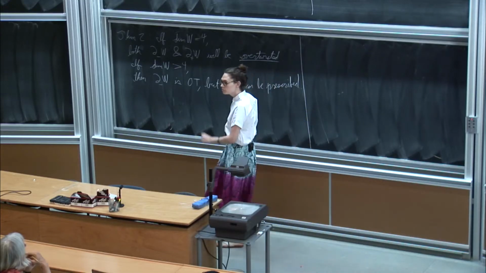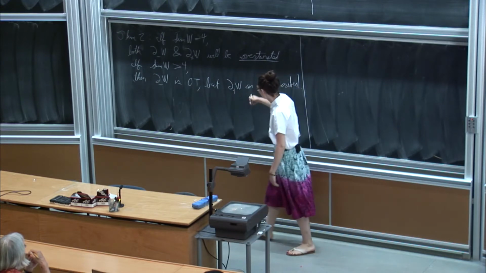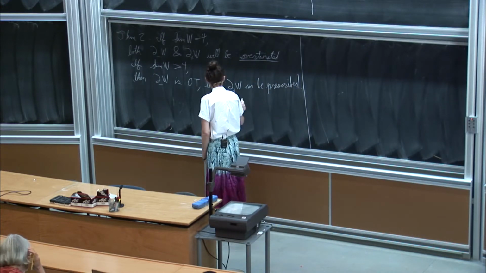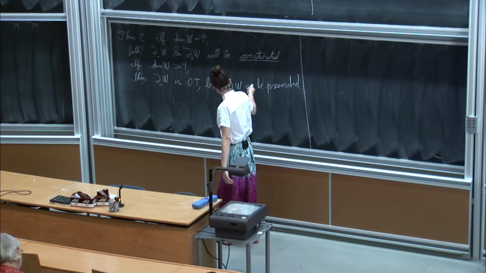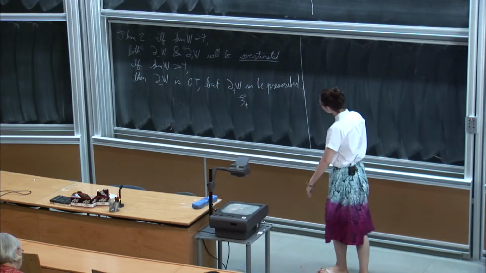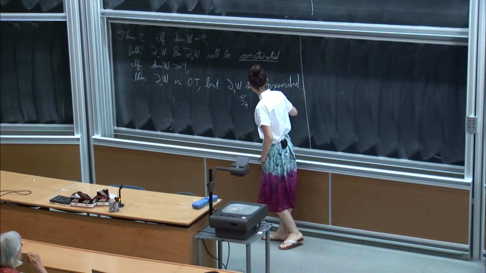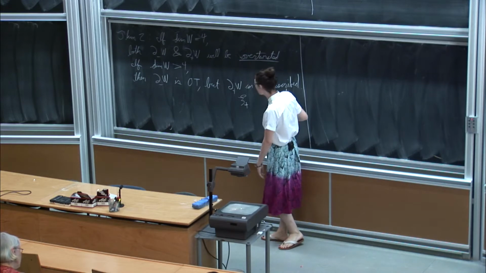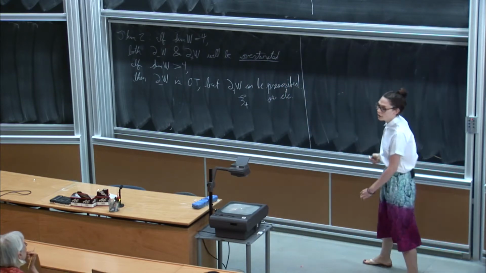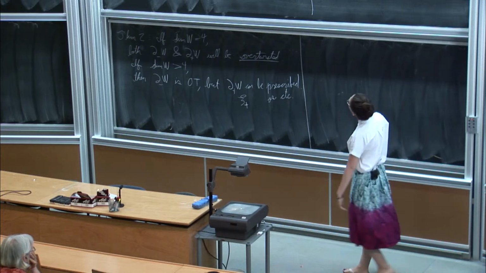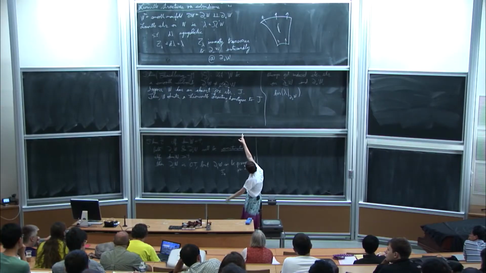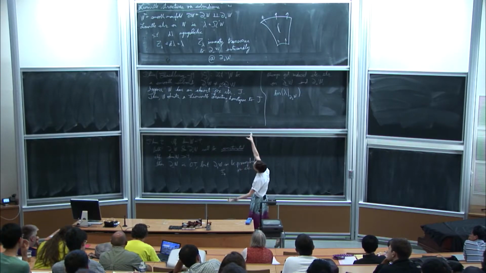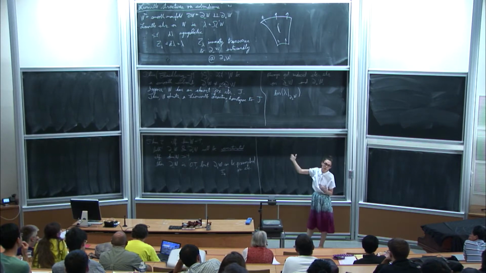Prescribed in contact structure? Yes, yes. The contact structure C plus can be prescribed. Since we have this almost complex structure, or stable almost complex structure at the boundary, that's going to fix that.